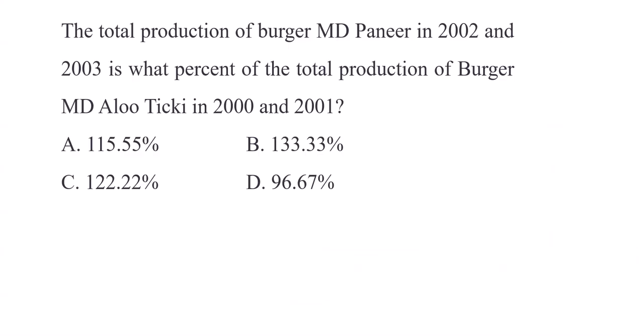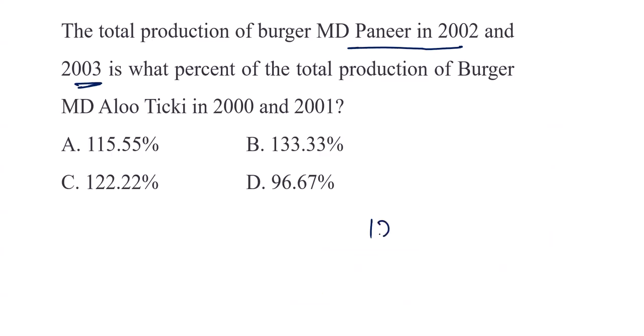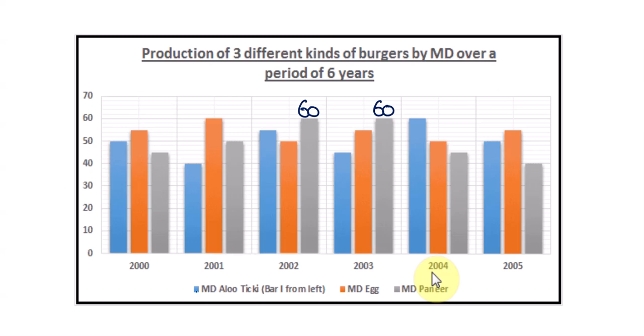Now here, the total production of paneer in 2002 and 2003. Paneer is grey color: 2002 is 60, 2003 is 60. So together 120. So paneer in 2002 and 2003, 120, is what percentage of aloo tikki in 2000 and 2001? Aloo tikki is blue color: 2000 it is 50, 2001 it is 40. 50 plus 40 is 90.